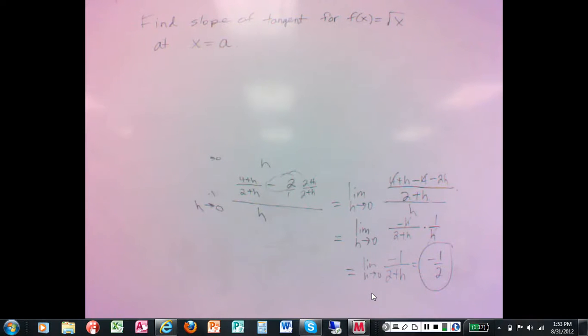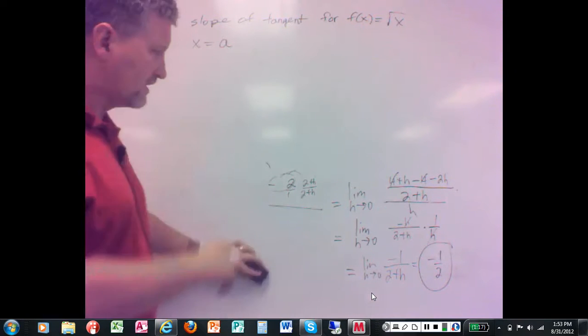In other words, we're going to do this one in general. We're not going to say what the a is. A could be 4, it could be 6, it could be anything we want a to be. So we're just going to do this one in general. We're just going to leave the a in there. Okay?